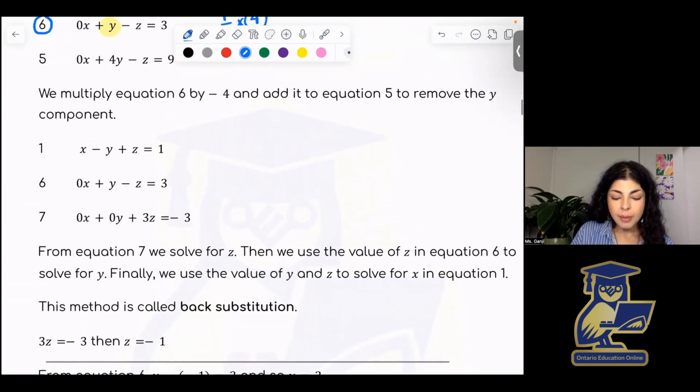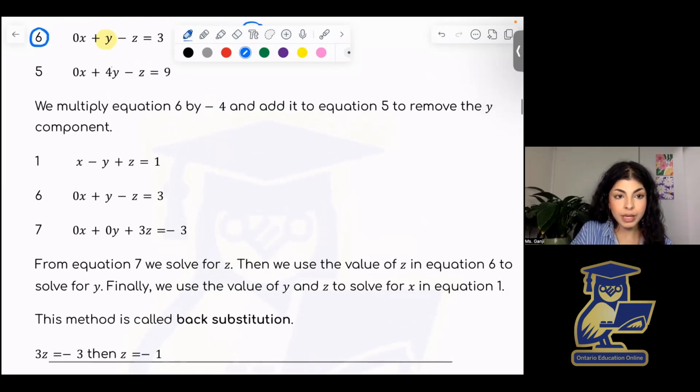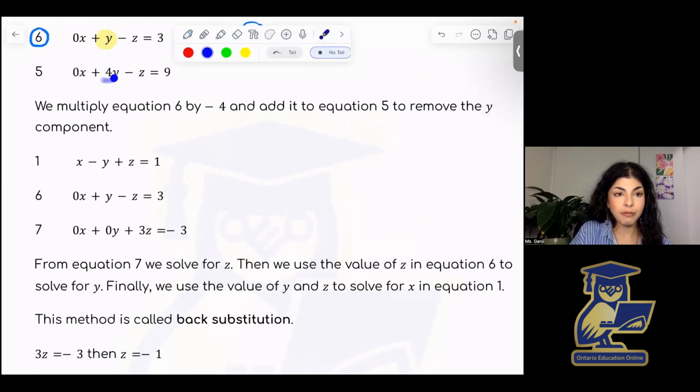Now we multiply equation 6 by -4 because over here we have 4y. So multiply equation 6 by -4 and add this to equation 5, which was 4y minus z is equal to 9. And now our new equation is 3z is equal to -3.